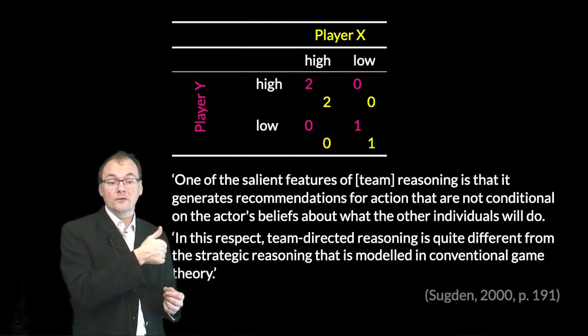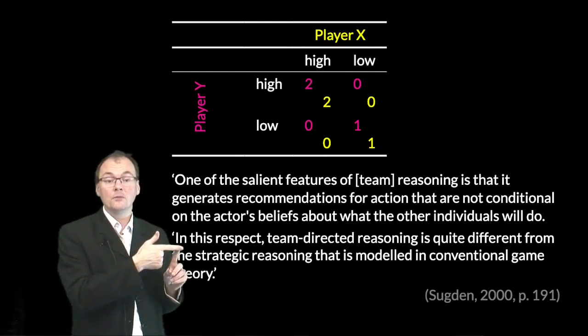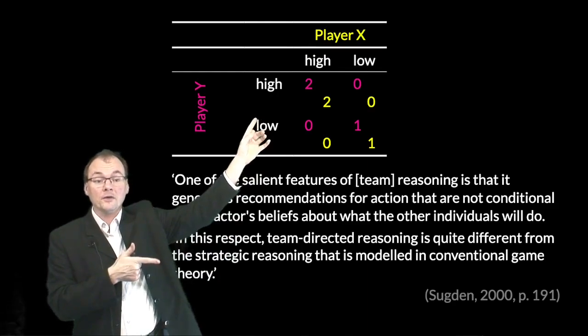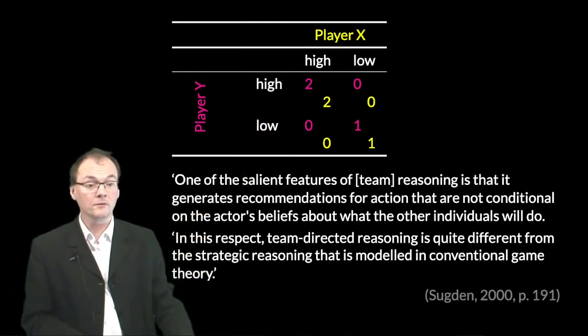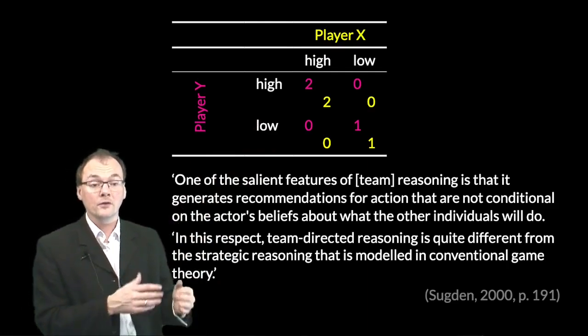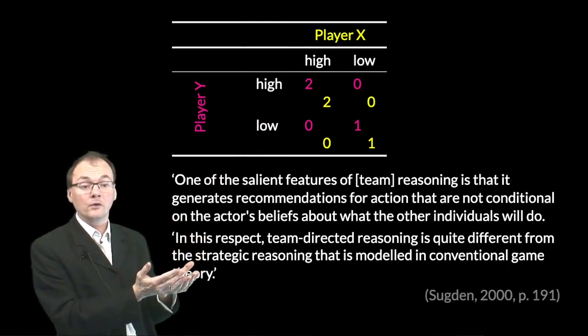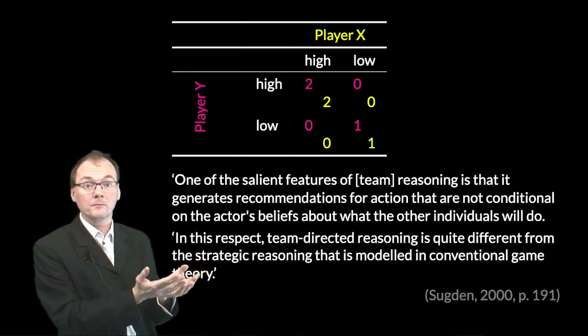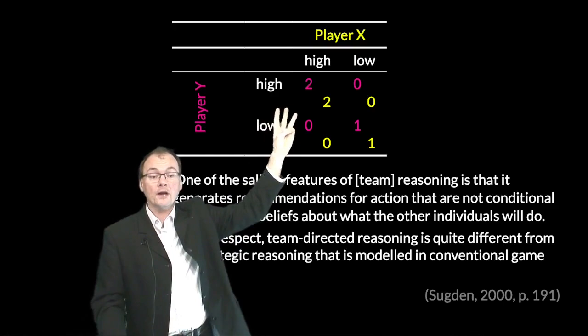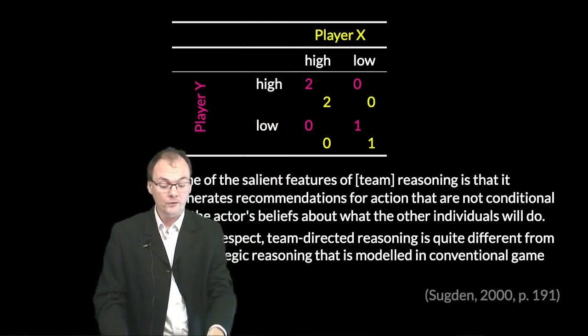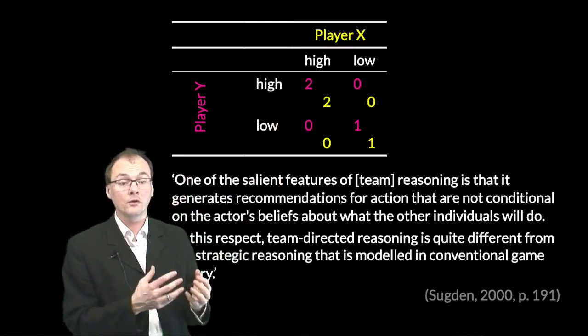All right, very good. So this tells us two things. One is that we avoid the infinite regress, and the other is that team reasoning doesn't, all by itself, tell us that high is the right thing to do here. There could be situations, according to Sugden, where low is the right thing to do because the team's preferences are autonomous of the individual's preferences. So what Sugden says isn't, look, there's some kind of rational explanation for why you should always do high, or it's obvious that you should go high.